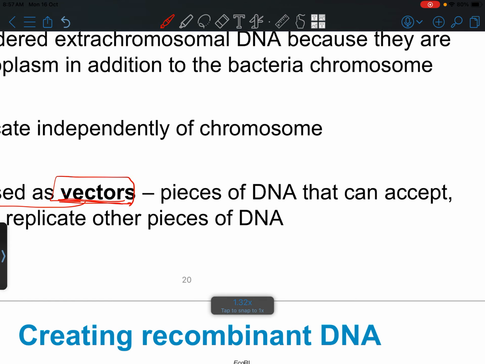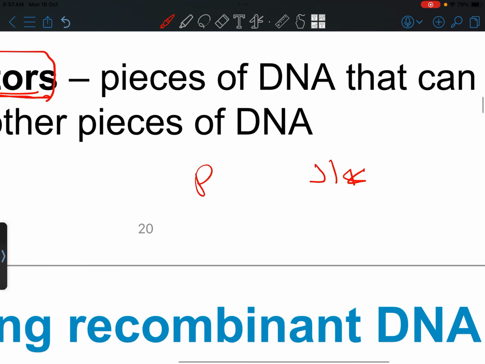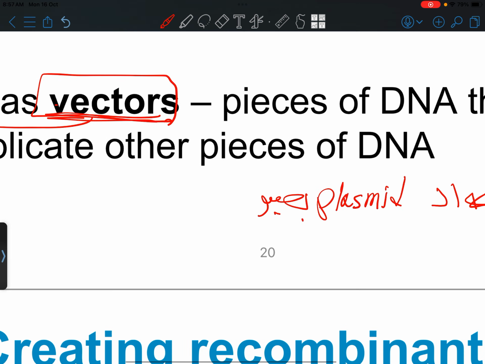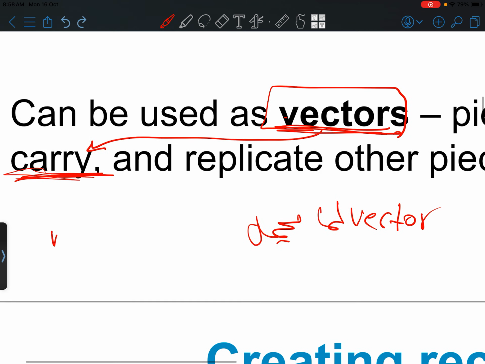Now, let's talk about creating a recombinant DNA. This is a topic that you've learned about briefly in Biology 102. Here we're going to remind you about DNA cloning and maybe expand further and see how DNA cloning could be done using different ways. DNA cloning began by using restriction enzymes and plasmids.